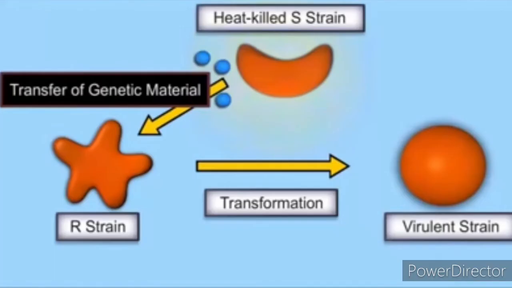He concluded that the R strain bacteria had somehow been transformed by the heat killed S strain bacteria. Some transforming principle, transformation, transferred from the heat killed S strain had enabled the R strain to synthesize a smooth polysaccharide coat and become virulent.